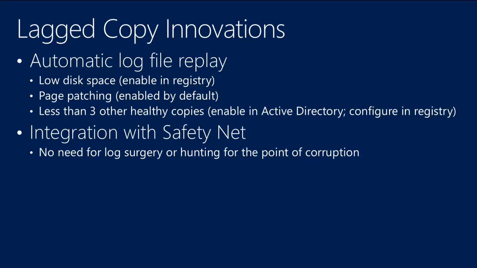Once we get into that condition, we will start to automatically play down the lag. As we play down those log files, we will remove the ones we don't need anymore from the system, thereby freeing up space. And we will continue playing down the log files until we are back below that threshold. That could mean bringing it all the way up to date, or it might be bringing it only so much up to date. Maybe just a few logs need to be played in order to get back under the threshold.